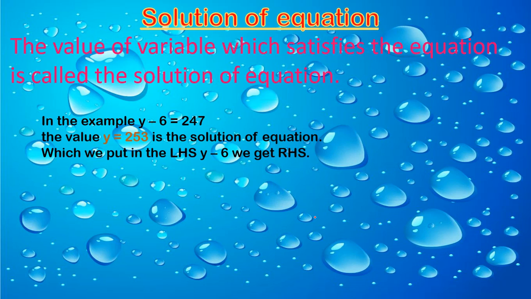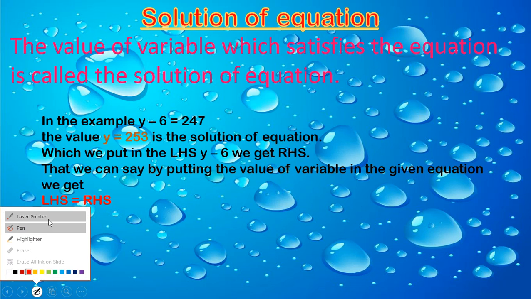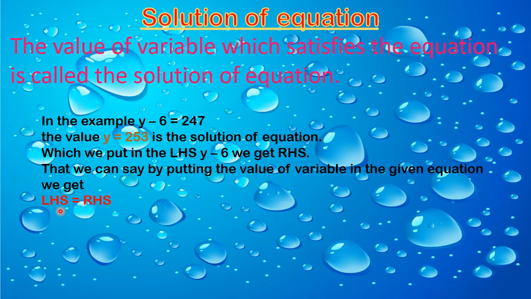As we put 253 in the left hand side, y minus 6, we get the right hand side. That means by putting the value of y as 253, the left hand side is equal to the right hand side. So the value of the variable which, when put in the equation, makes the left hand side and right hand side equal is the solution of the equation.